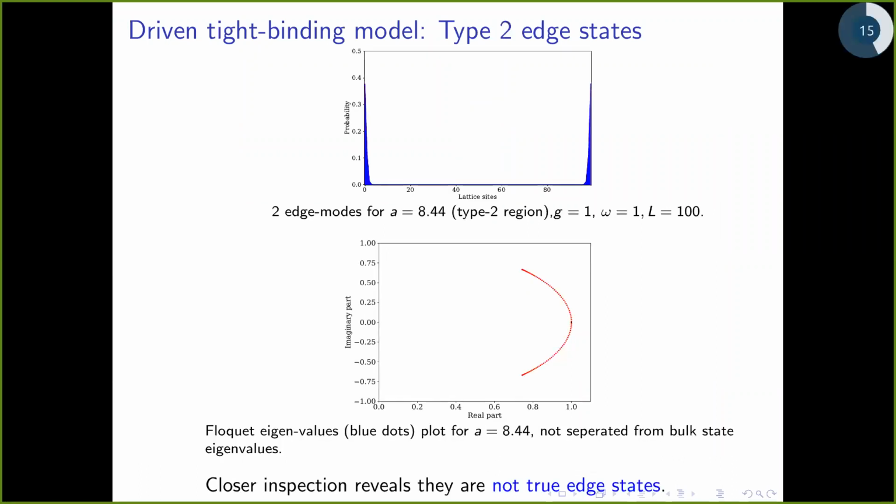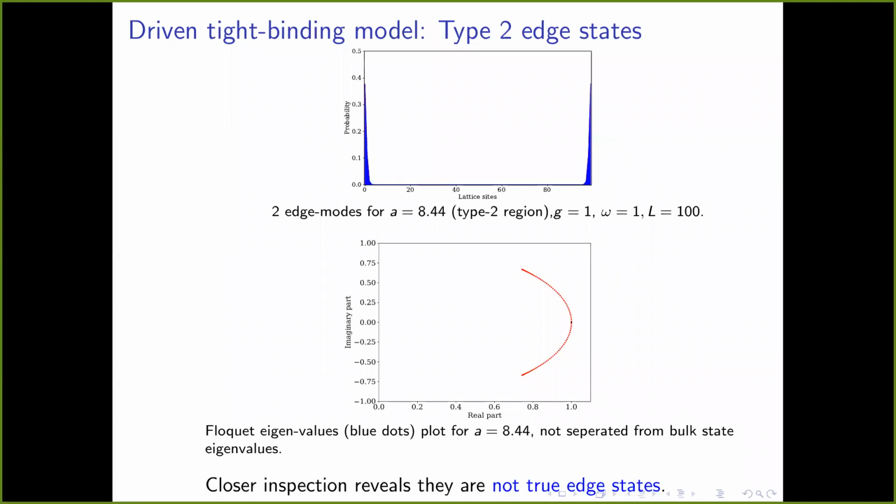And then I have plotted type 2 states. I have chosen a particular value of A, 8.44, where these type 2 states occur. So here we have 2 edge states, 1 at each end, and these black dots are the eigenvalues for those edge states. See, they lie inside the bulk of the eigenvalues of the bulk states.